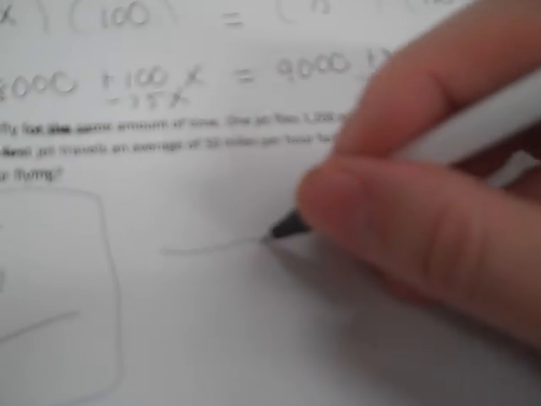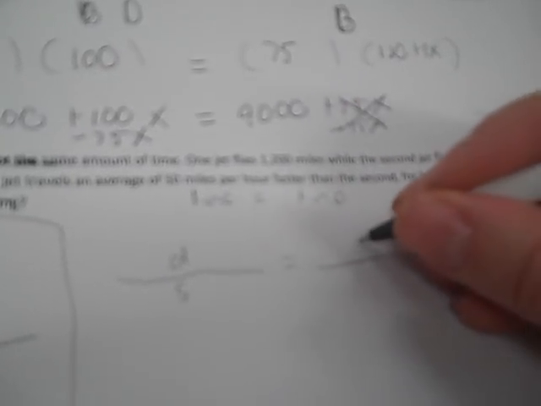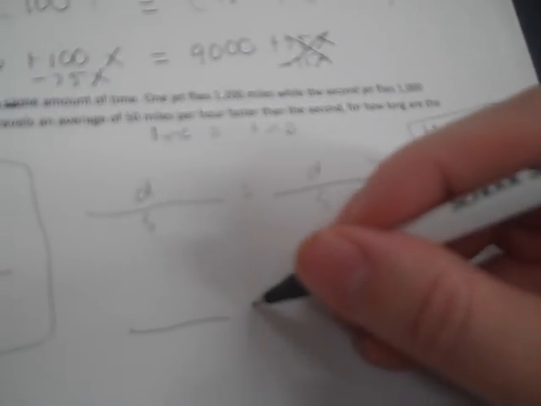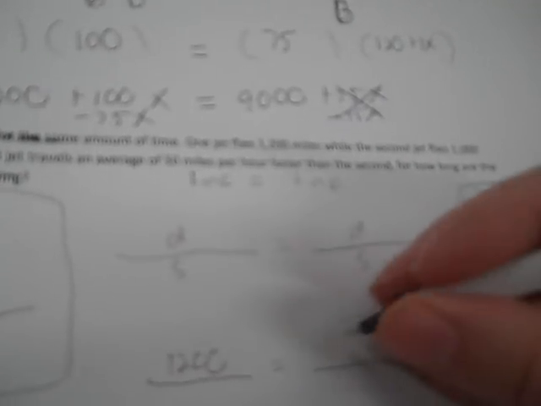Okay, so I just need 2 ratios here, and the times are the same, so that means the distances divided by the speeds have to be the same. Okay, so my distances I know one goes 1,200 miles and the other one goes 1,000 miles. And my speeds are unknown, but that's why I have these.